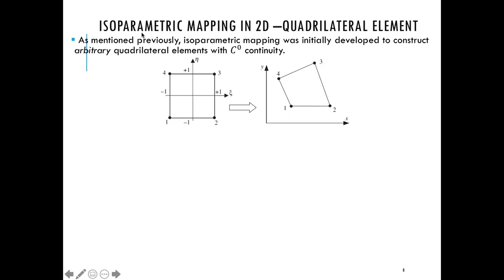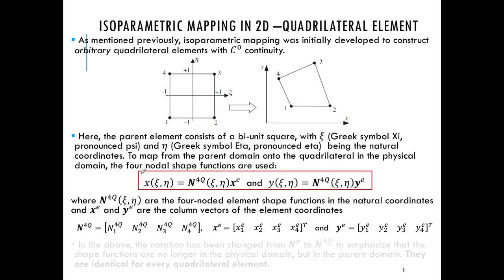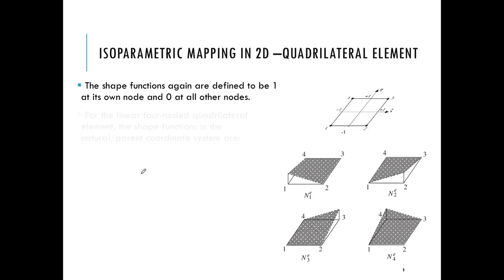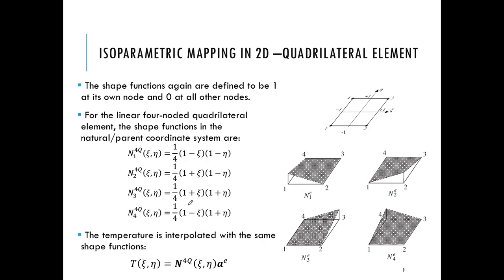The reason we refer to these as isoparametric is that we use the same parameters. In this case, we use the same shape functions to perform this geometric mapping, that is, the mapping going from the physical coordinates x and y onto our universal parent coordinates psi and eta. And we also use these same shape functions to perform the interpolation of our essential variable.